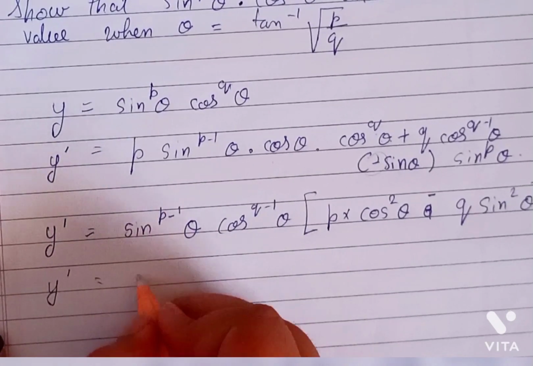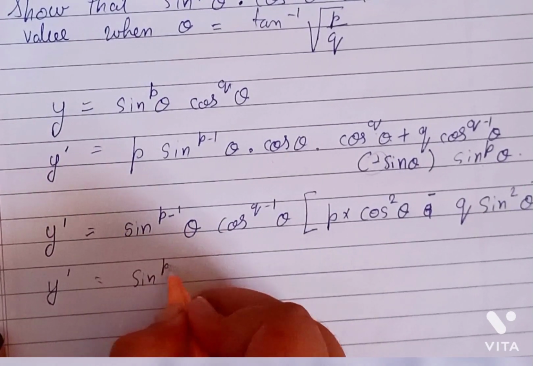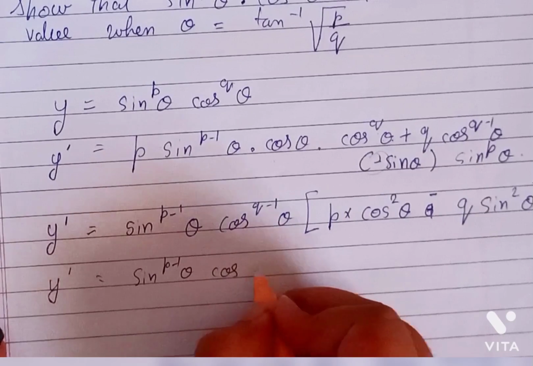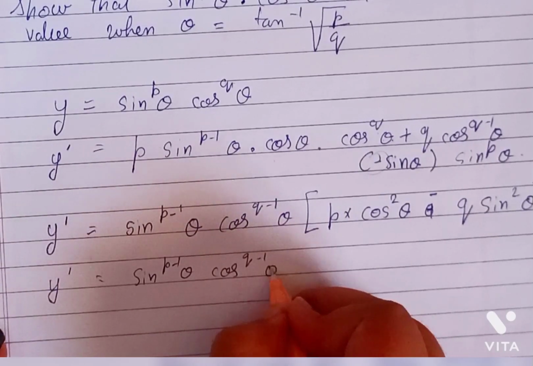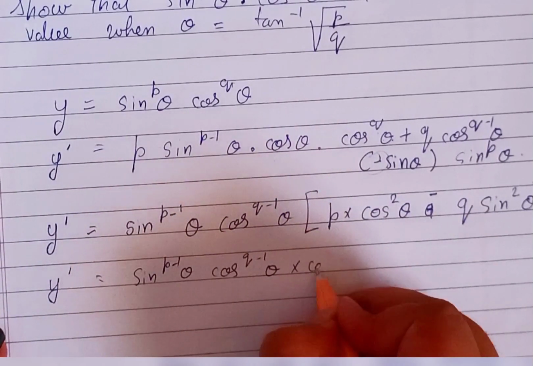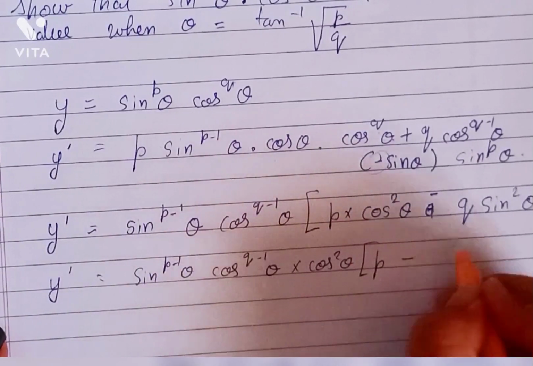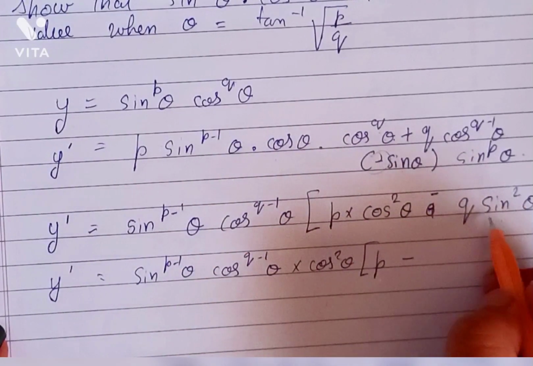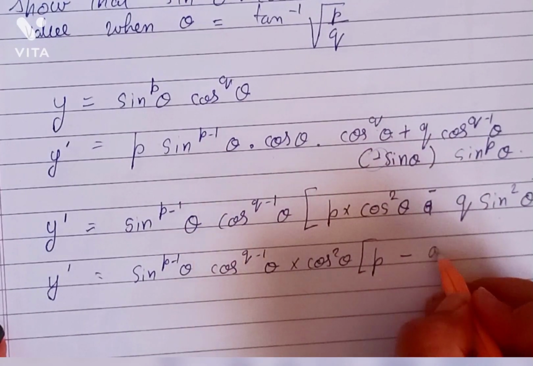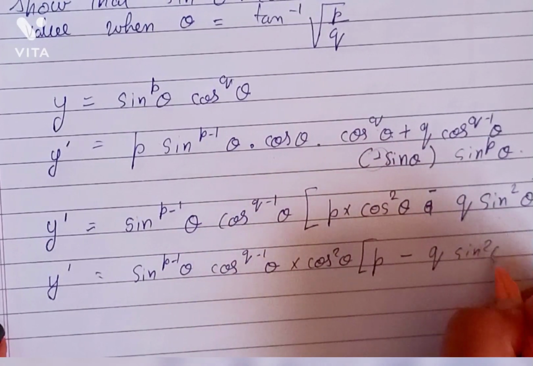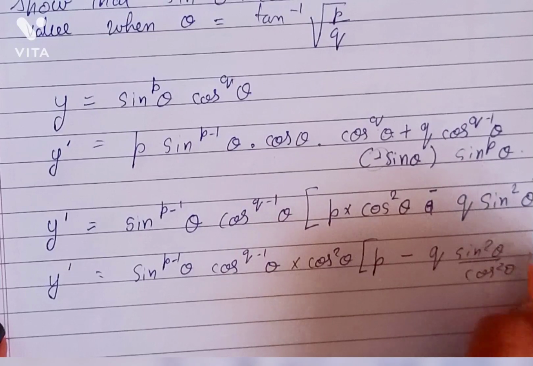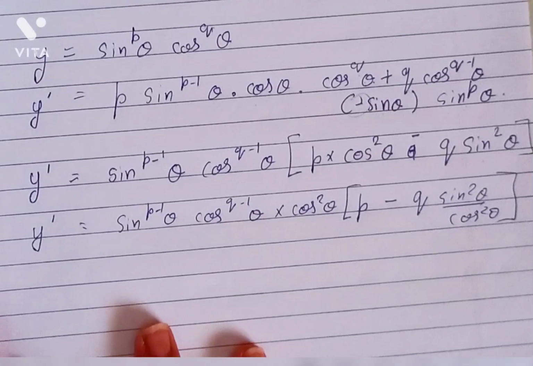I'll show you. Sin to the power p minus 1 theta, cos to the power q minus 1 theta into cos square theta I have taken as common. So what will happen? This will be p minus q sin square theta upon cos square theta, since we have taken cos square theta common. Okay.